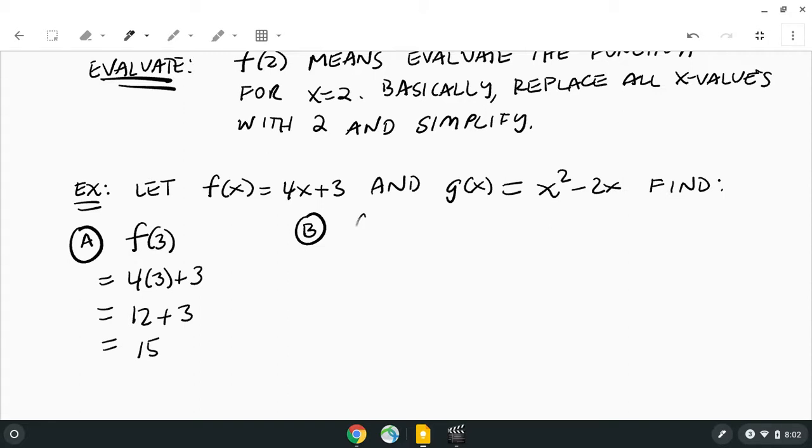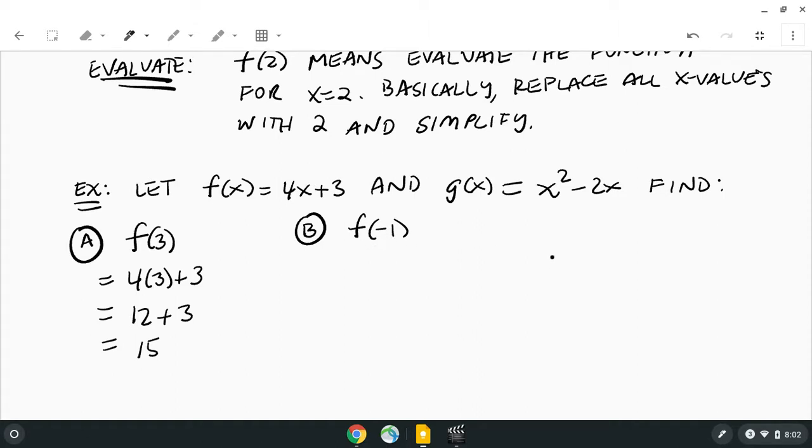Let's go ahead and find f of -1. Why don't you go ahead and try that? So all you're doing is, okay, so figure out which function we're using, f or g. Should be obvious, okay? And go ahead and replace the x value in this function with whatever is inside here, okay?